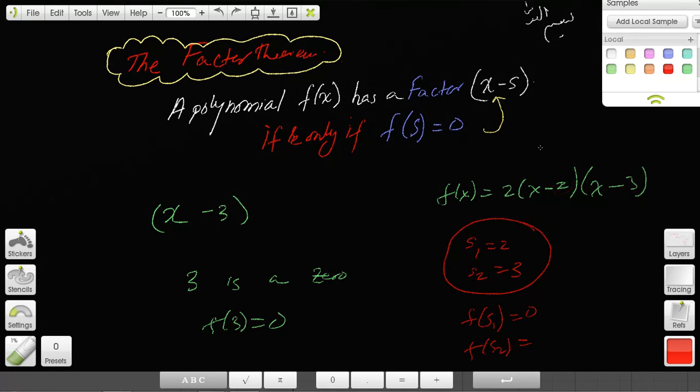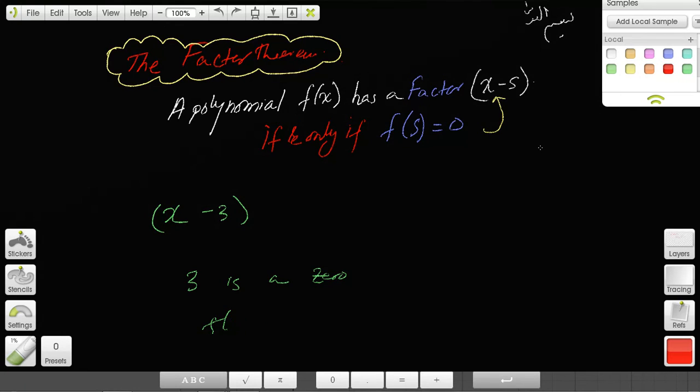Okay? So, read this to yourself, say it like 10 times in your mind's eye, and understand that a polynomial f of x has a factor of x minus s if and only if f of s is 0. The other way of saying that is, if f of s is 0, then x minus s is a factor. I kind of prefer that anyway.